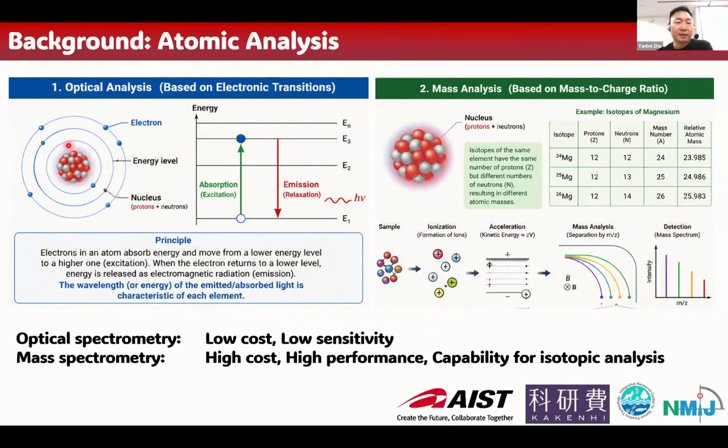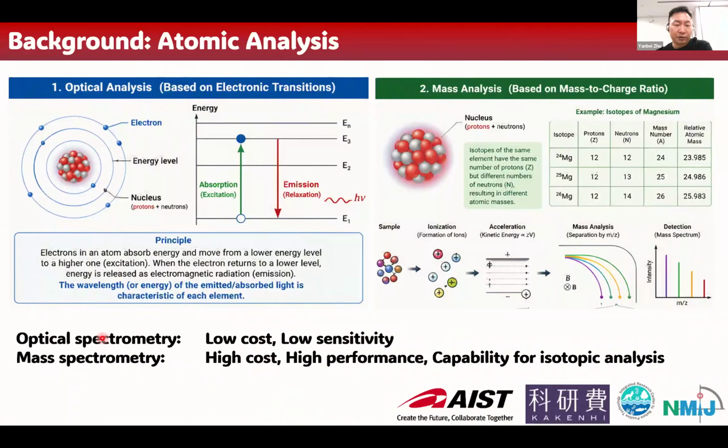Basically, there are optical analysis and mass analysis for atomic analysis. Optical analysis is based on the energy variance due to the activity of electrons. Mass analysis is based on the relative atomic mass to charge ratio.